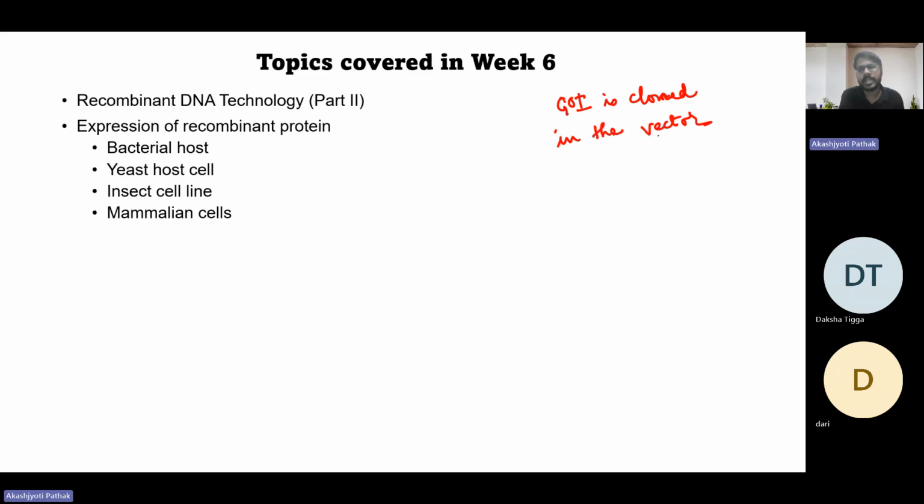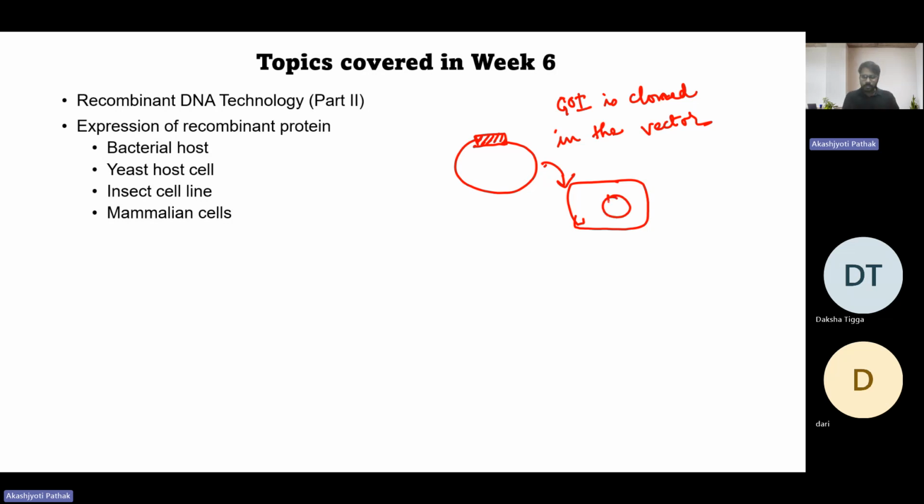Now we have done sequencing, and say, for example, we have done restriction digestion and PCR amplification, and we are now confirmed that yes, I have my cloned gene of interest. What is the next step? Also, we have transformed this cloned gene of interest in a suitable host cell. Now the next step would be to express this gene of interest.